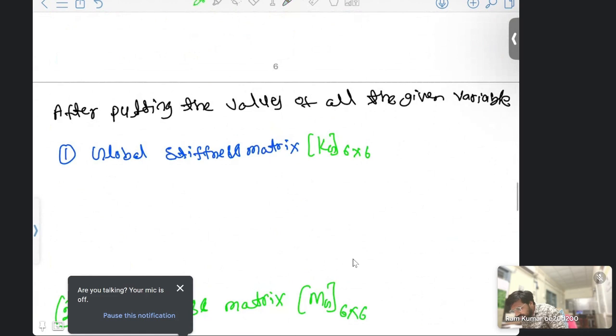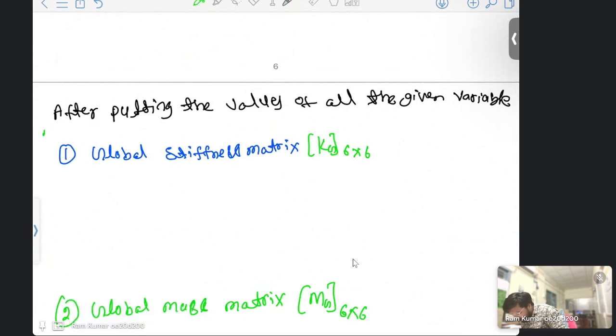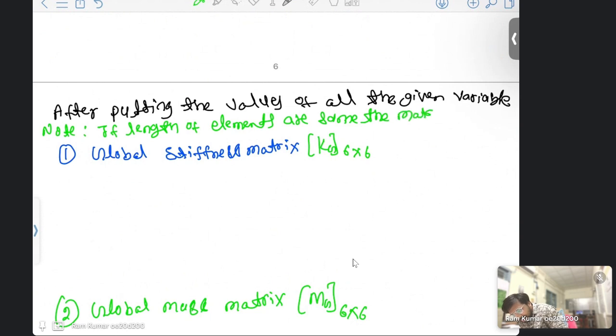Note, I will write one note here. If the length of elements are the same, then the matrix will be the same.